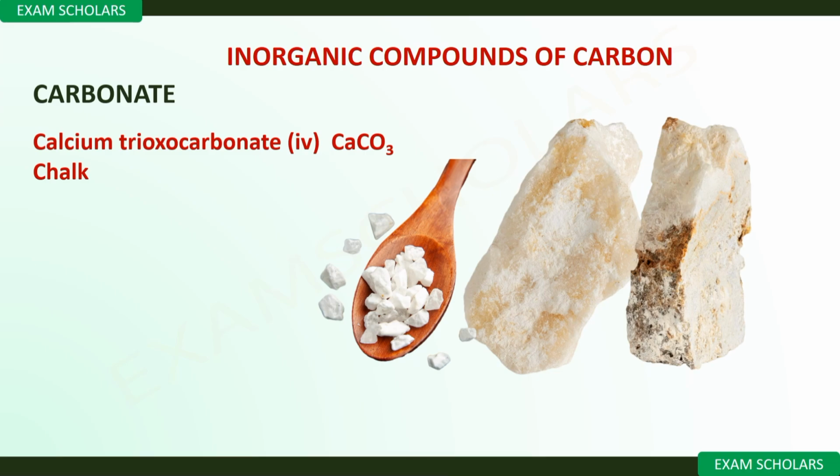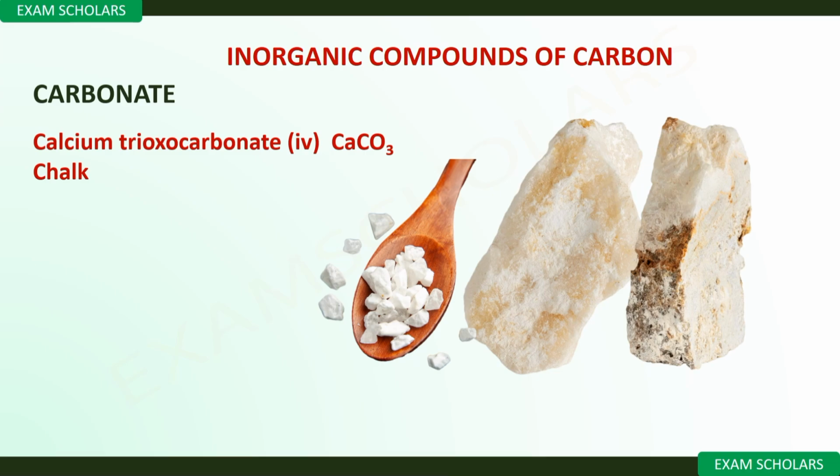We also talked about carbon dioxide, very useful. The test for carbon dioxide is that it turns lime water milky. Carbon dioxide is used as refreshment in carbonated drinks. It can be used for making fire extinguishers, because it doesn't support combustion.